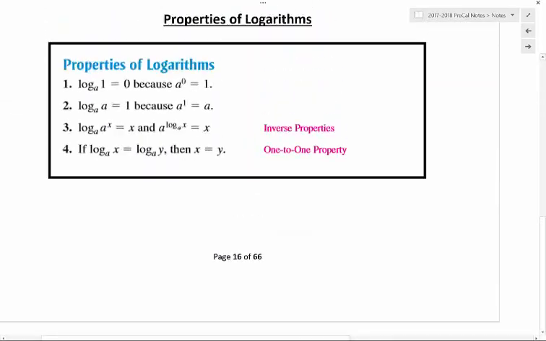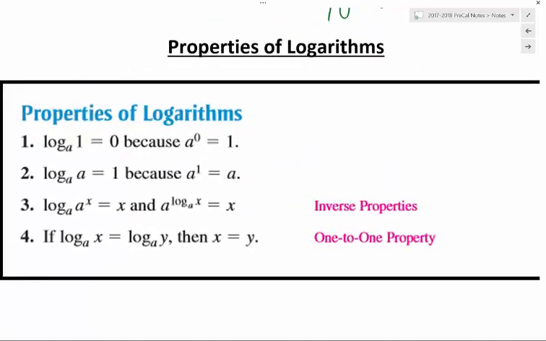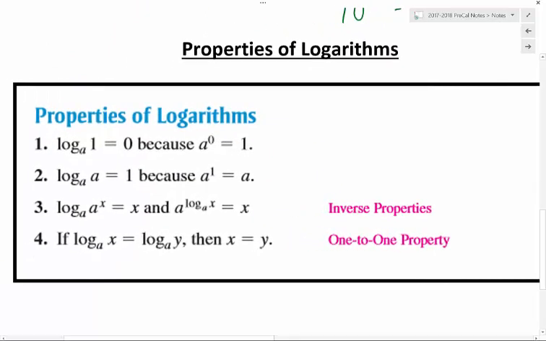Some properties of logarithms. Number 1: log base A of 1 will always equal 0. It doesn't matter what the base is, it can be log base 10, log base 20, log base a billion, and if the number next to it is 1, it always equals 0, because A to the 0 power equals 1.